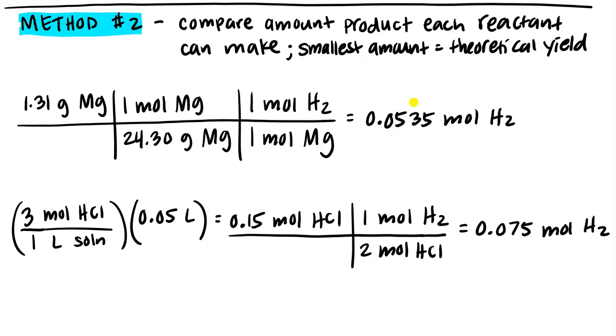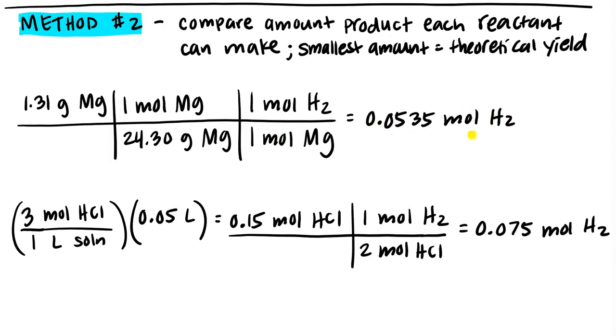So typically students who choose this method, they're just going to take the given grams from the problem and just do one dimensional analysis grid here, as I've shown with the magnesium. So if magnesium was a limiting reactant and we used all 1.31 grams of it, the reaction would produce 0.0535 moles of hydrogen.